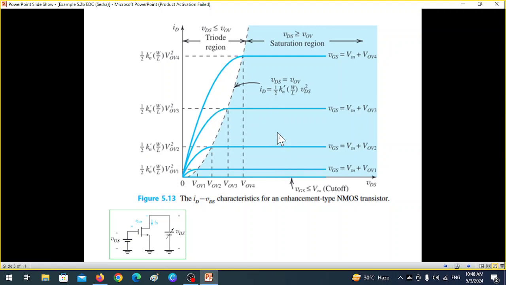And to distinguish these two regions, remember that here VDS, this voltage, is greater than VOV that we saw in the discussion, where VOV is the point where it starts saturation. So for this graph this is VOV, and for this graph this is VOV.